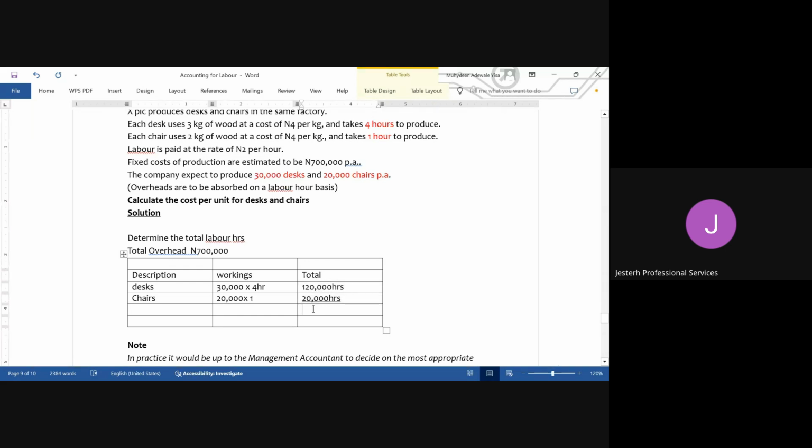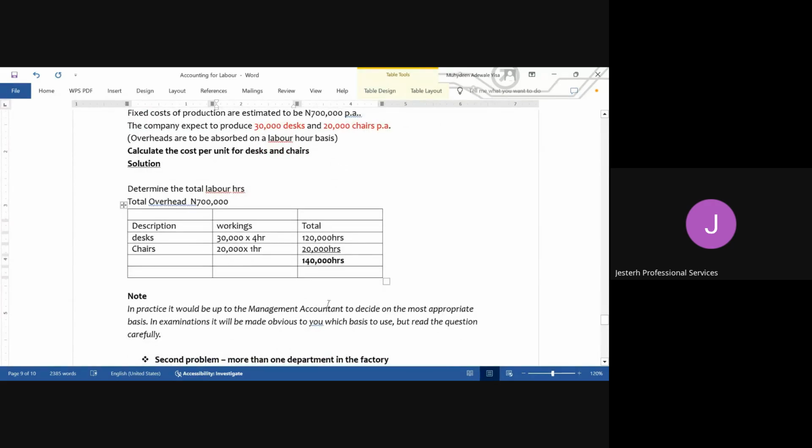Now, it will be 120,000 plus 20,000. That is 140,000 hours. So for us to achieve this level of activities, it will take us 140,000 hours to produce these 2 products.